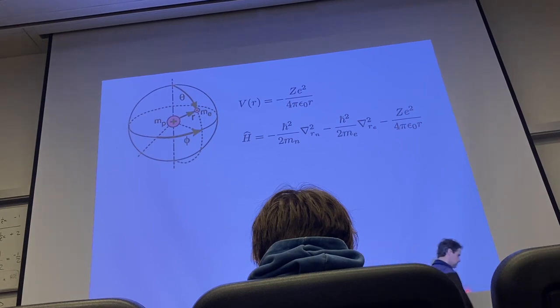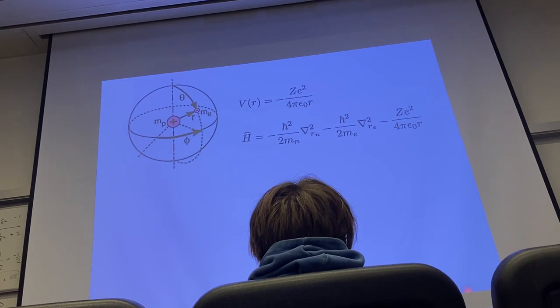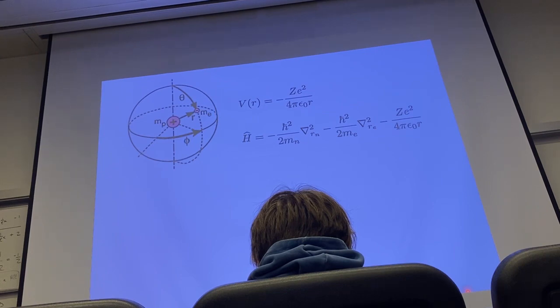But I don't like this because I see two coordinates. I see coordinates for Rn and Re, and this R in the last one is basically the difference between the two. This is going to get complicated pretty quick. So I would like to simplify this problem. How? By doing so-called separation of variables. Okay, what does that mean?